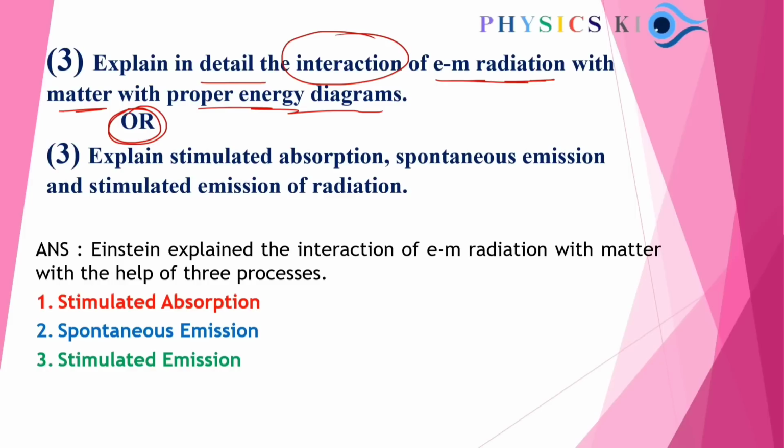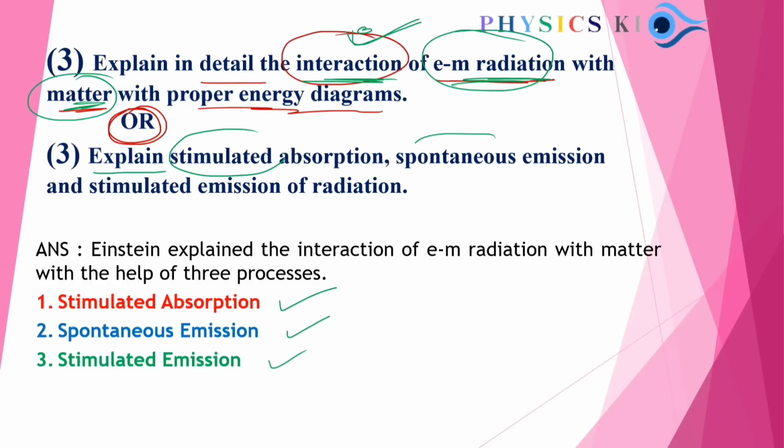So whenever electromagnetic radiation and matter interact, always three things happen: stimulated absorption, spontaneous emission, and stimulated emission. And just check the second question: explain the stimulated absorption, spontaneous emission, and stimulated emission. This is the direct question, the other is the indirect question. But both answers are the same.